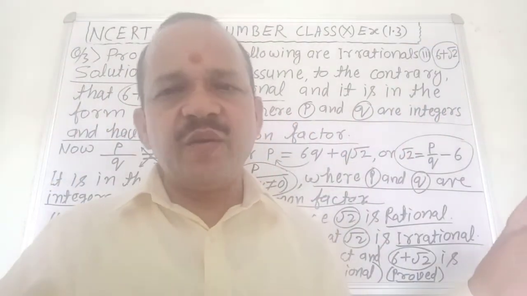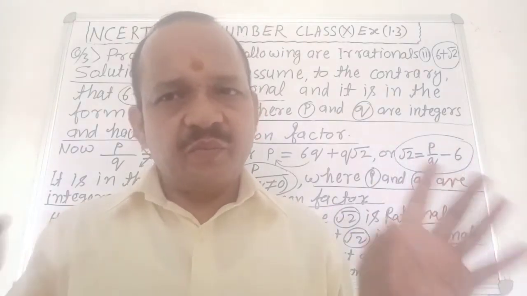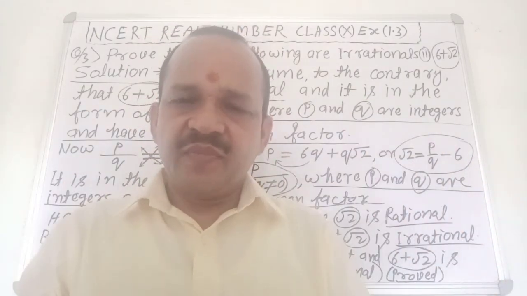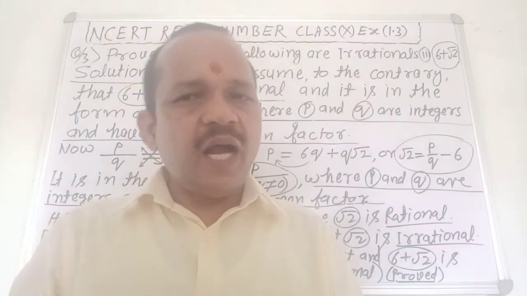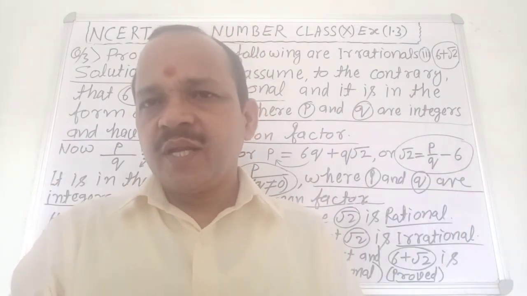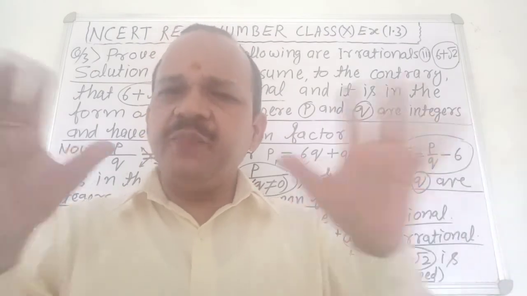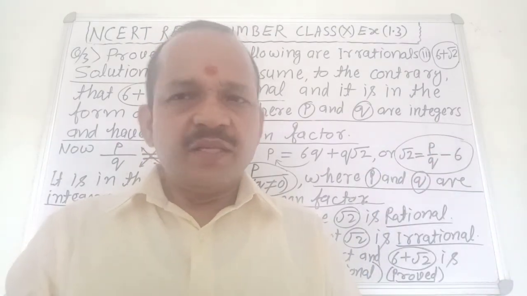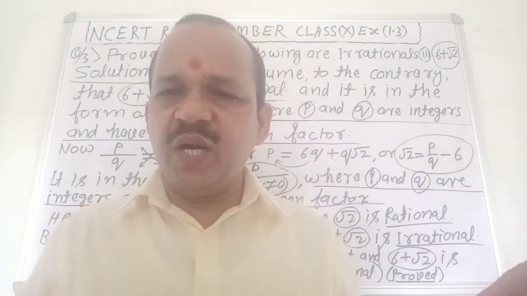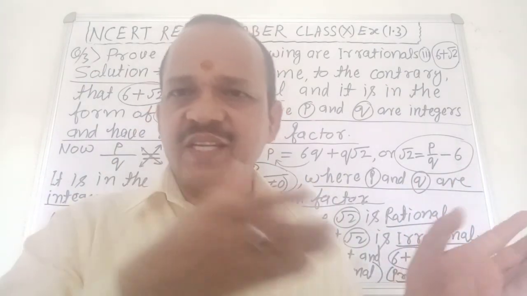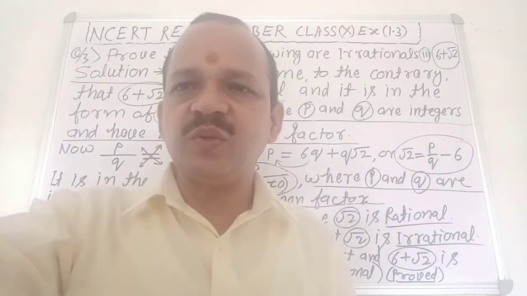No confusion about it? Very good. In this way, you can verify any question and you can solve any problems. Clear? No confusion about my words? Very good. It is easy? Very good. Okay.